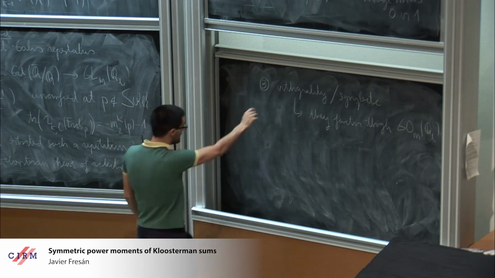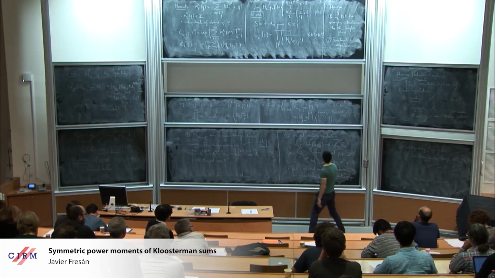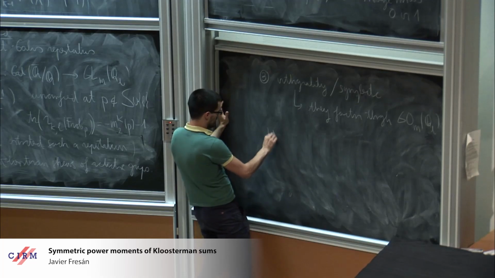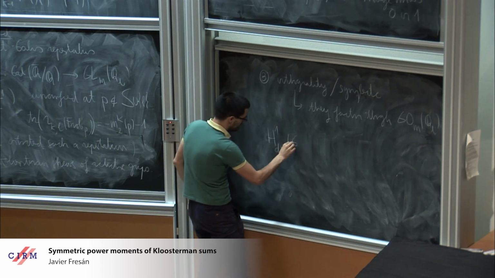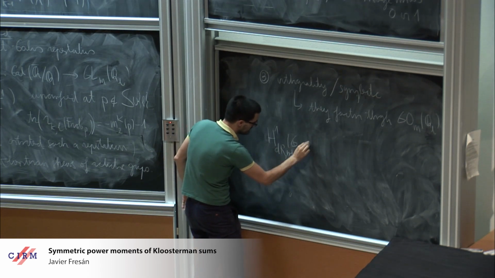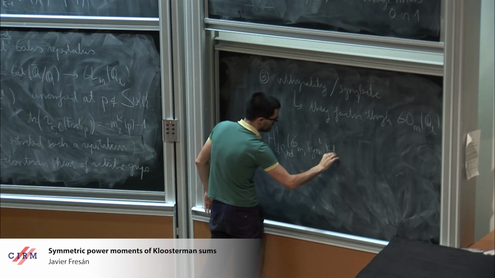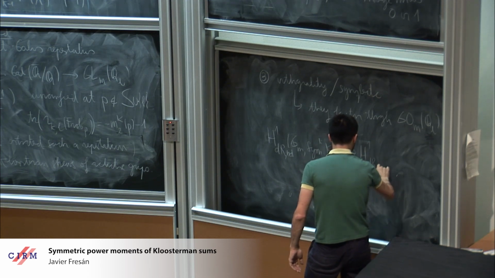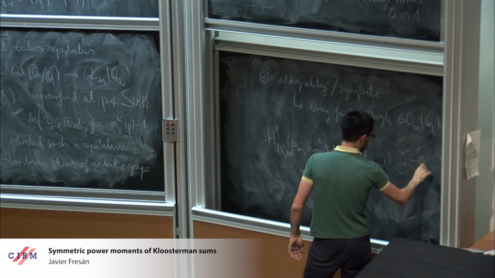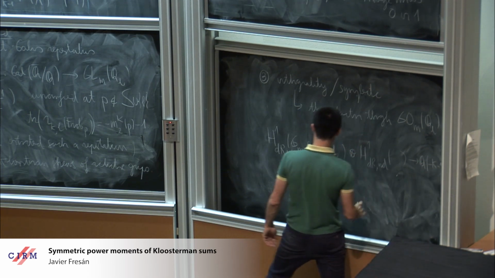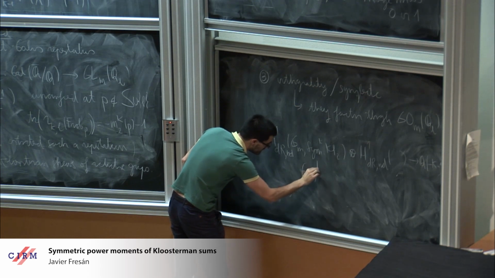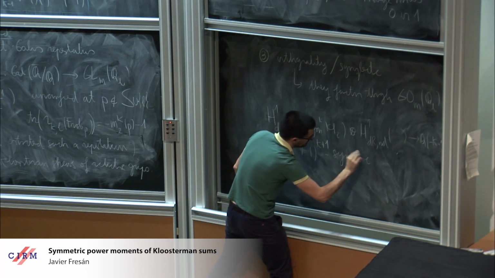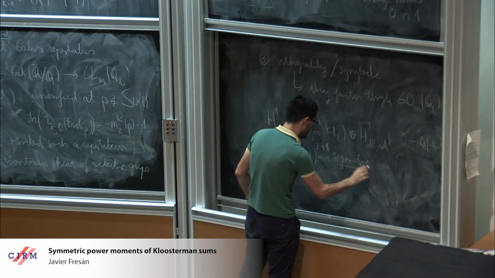Okay, so this is true in our case because this motive here comes with an H1 de Rham, so middle Sym^k. So this comes with a perfect pairing, which is (-1)^(k+1) symmetric.